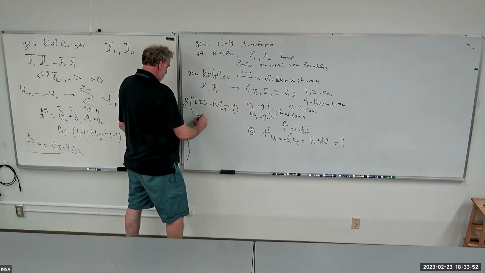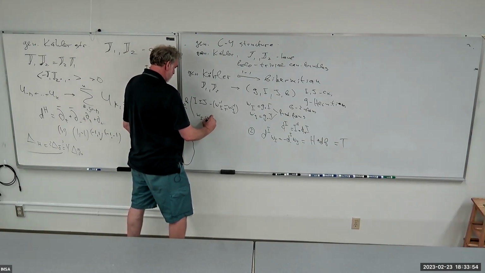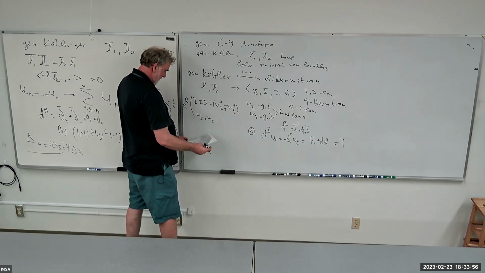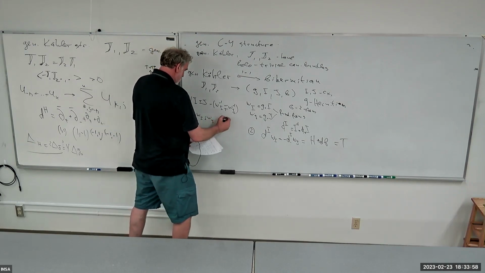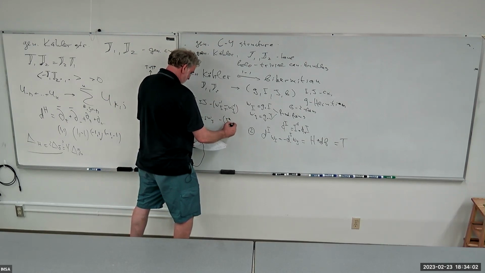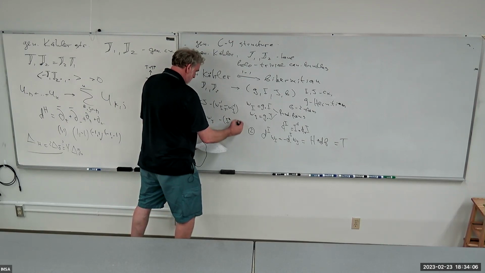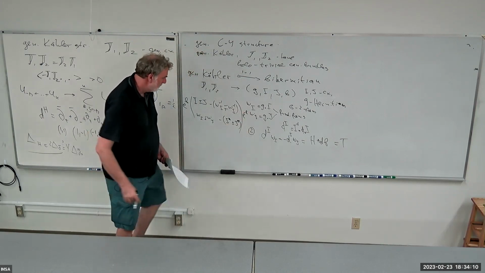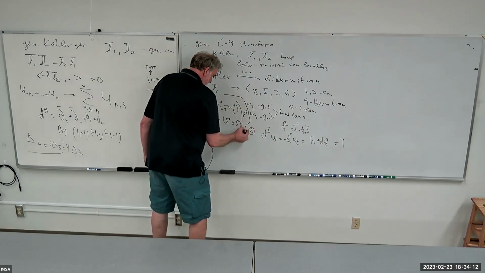Then this is just omega I plus omega J, as far as I see, and then this is minus the conjugate. And all conjugated would be, if one needs a formula.